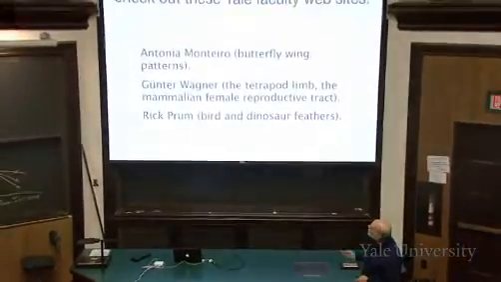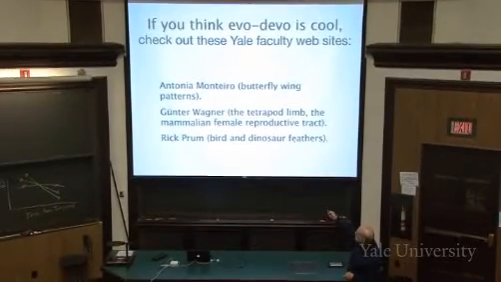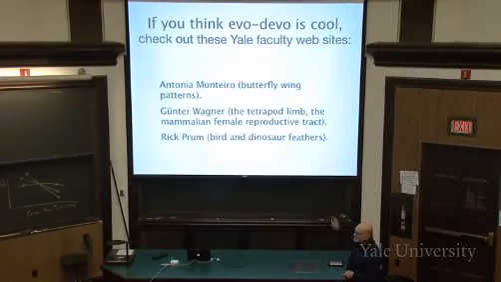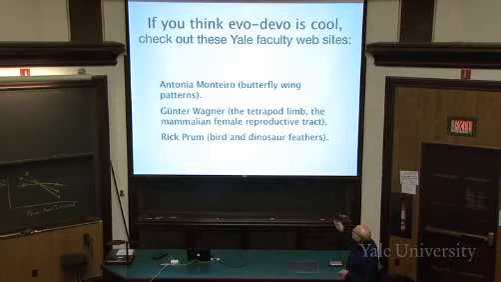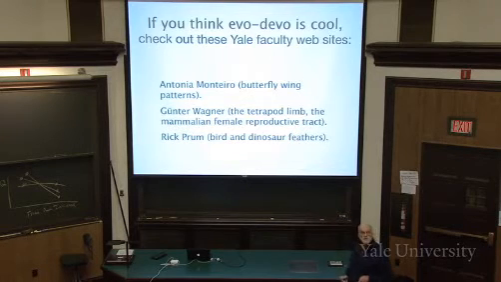If you think this kind of stuff is nice, you can go and look on the web on these sorts of websites. Antónia works on butterfly wing patterns. Günter works on the tetrapod limb, and with Vincent Lynch, he has recently been looking into the origin of the mammalian female reproductive tract.